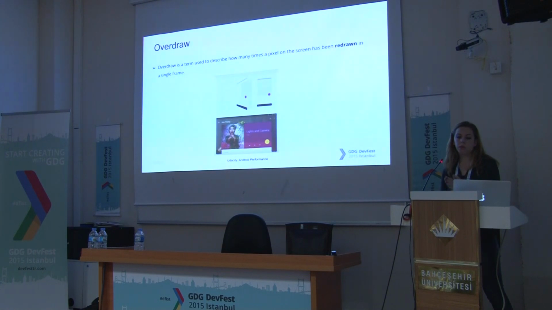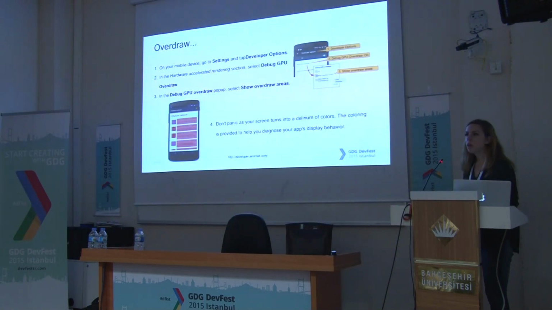And overdraw, as I mentioned before: on the screen there is a stacked structure, and we see only the top one, and it hides other views. If we draw the views that we won't see, then the GPU time will be wasted.